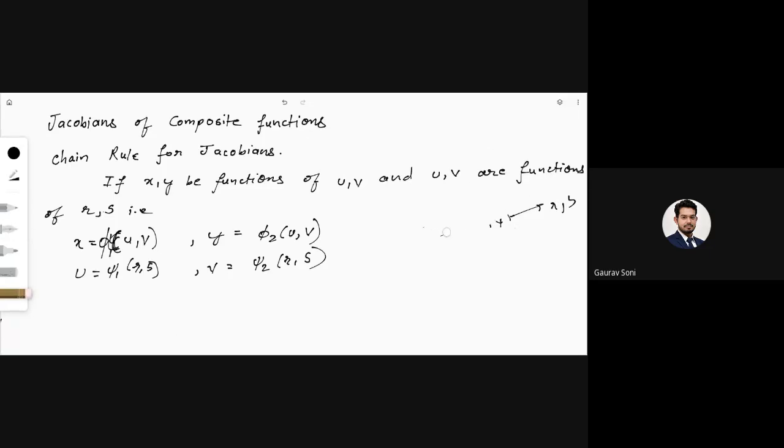So in this kind of case where you have composite functions, what I can do is find the Jacobian of x, y with respect to r, s. I can find the Jacobian of x, y with respect to u, v into the Jacobian of u, v with respect to r, s.